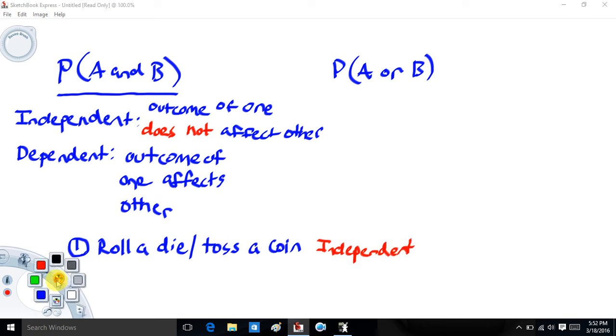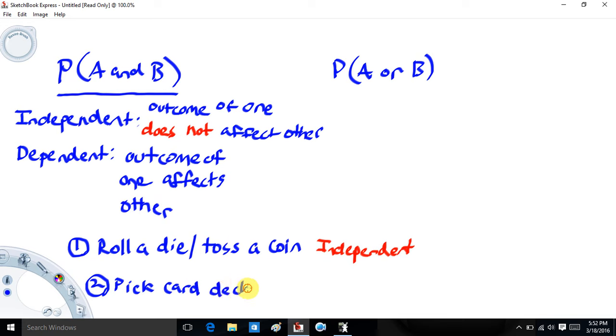A second example. So let's just say we draw a marble, or pick a card from a deck, and then we don't replace it. And then we pick a second card.